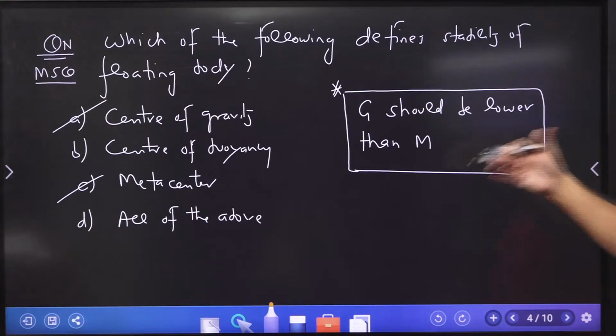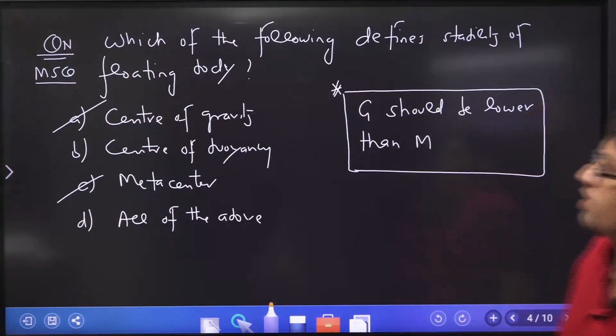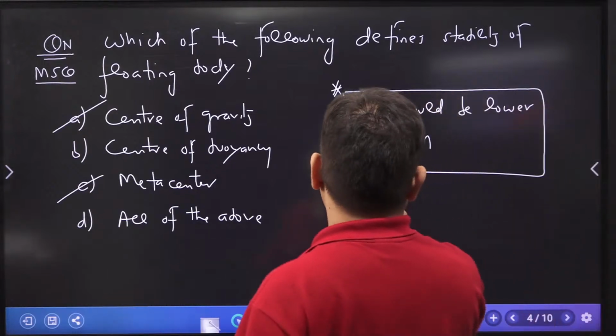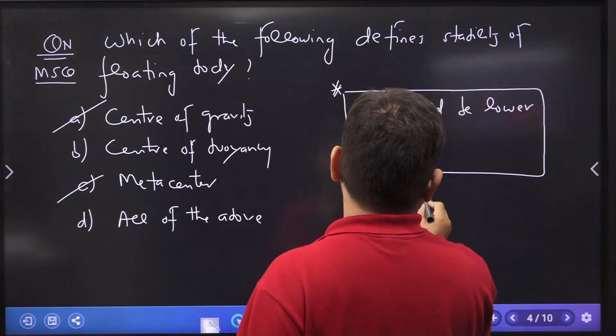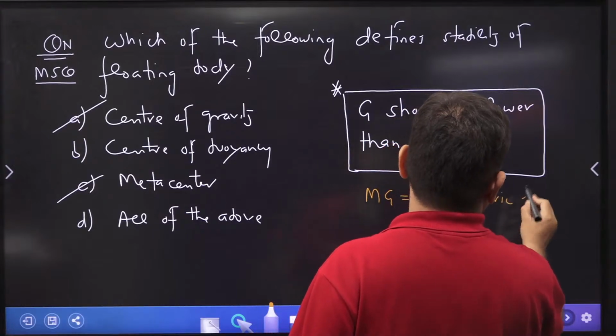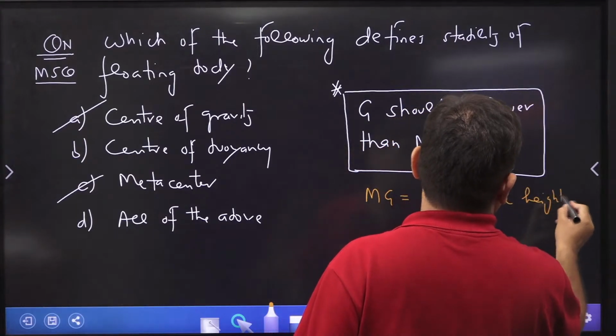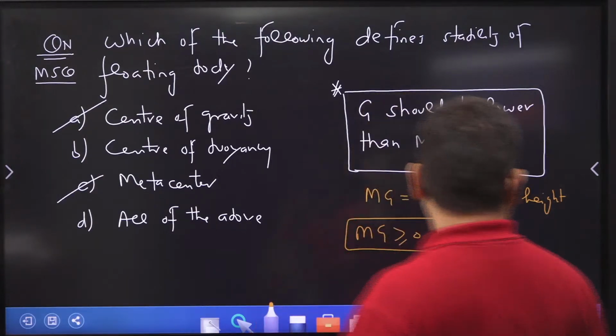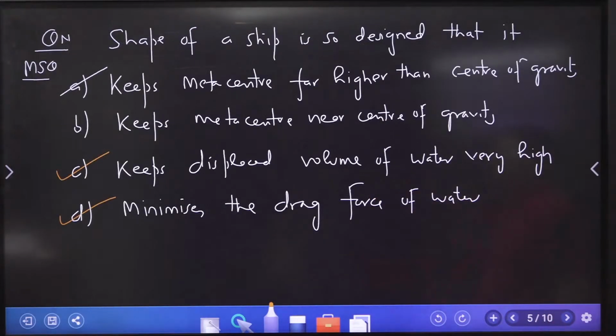After that, I told you about floating bodies, how the stability of floating bodies is defined. The metacentric height MG should be greater than or equal to 0 if stability of a floating body is asked.